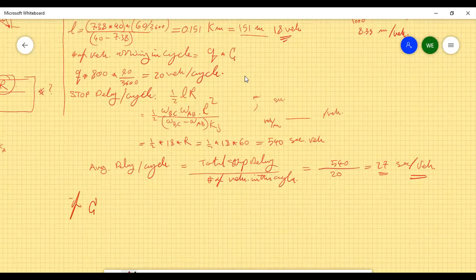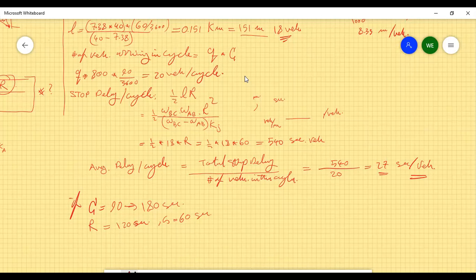Instead of 90, the cycle becomes 180, and the red time will be doubled: instead of 60 it will be 120, and the green instead of 30 will be 60. Almost the same ratios, but the cycle time is now doubled and the red time is doubled.